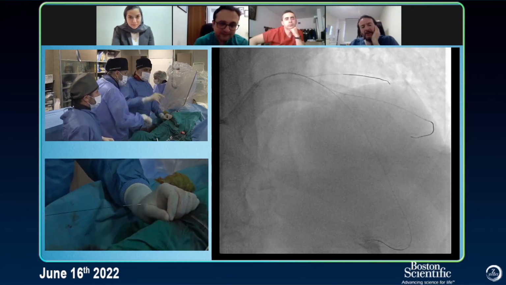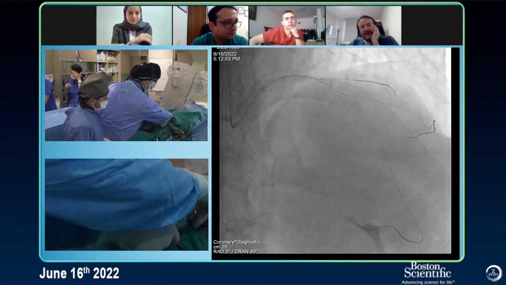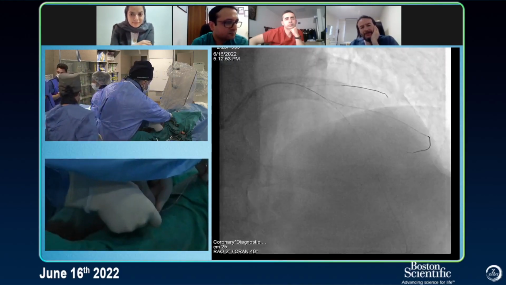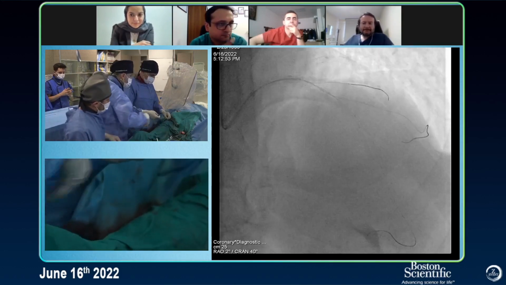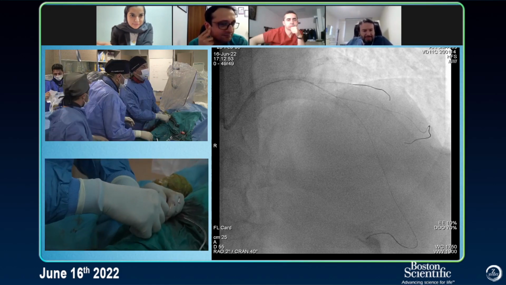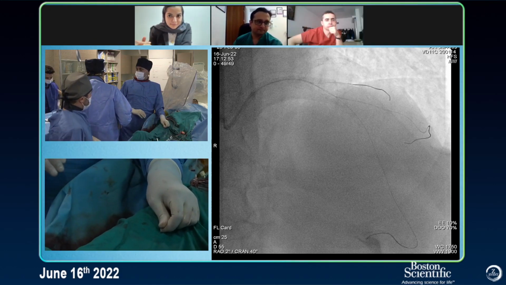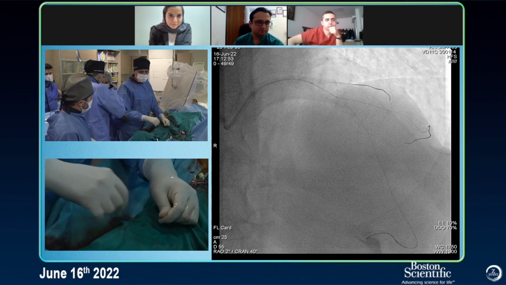Yes, 3.5 by 6, we have a flex tone cutting. No Wolverine? Not today, I think. Mostly we use it, but this is quite good for me.